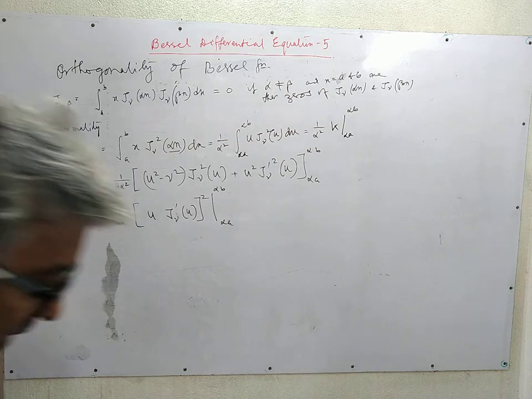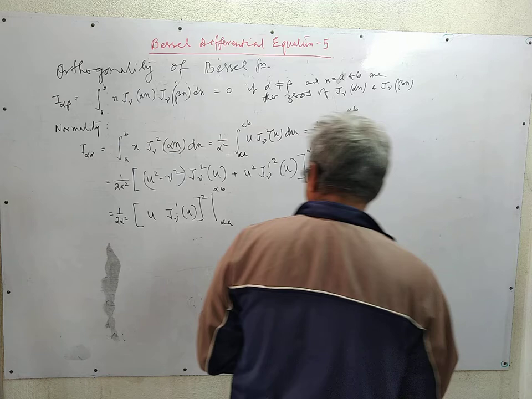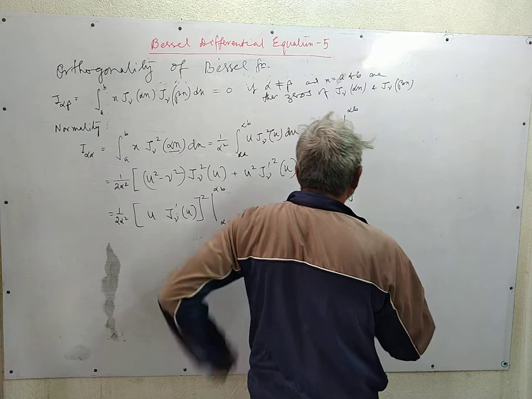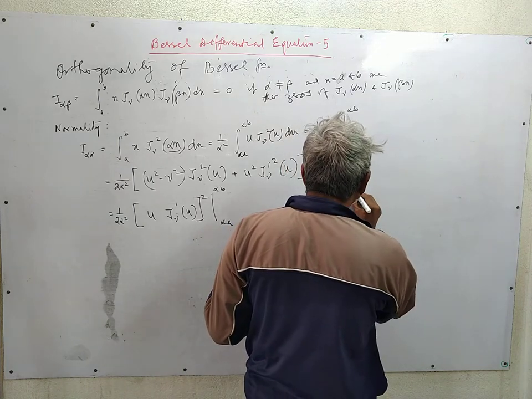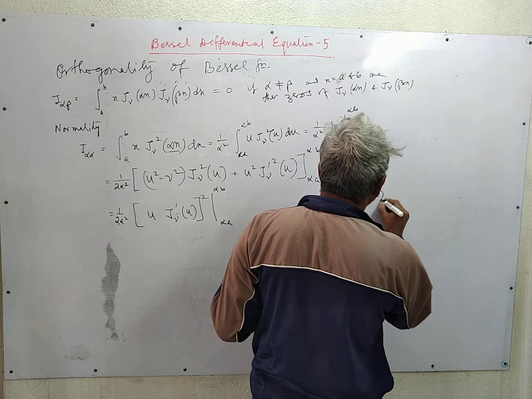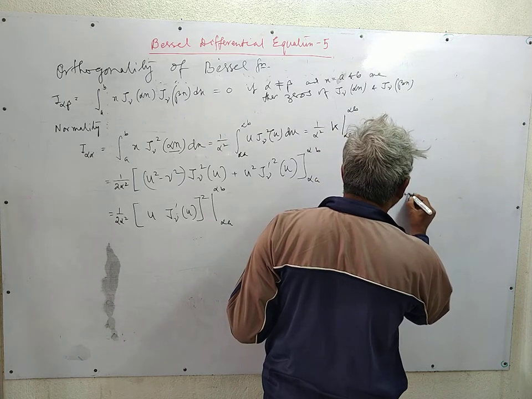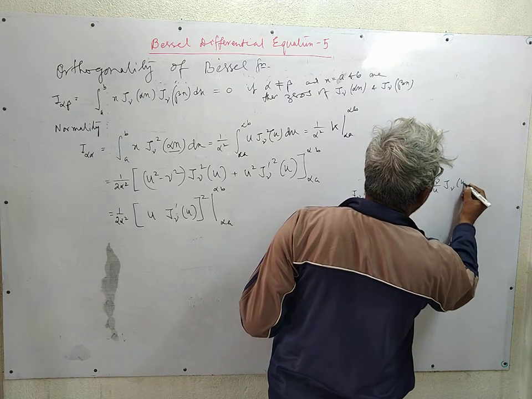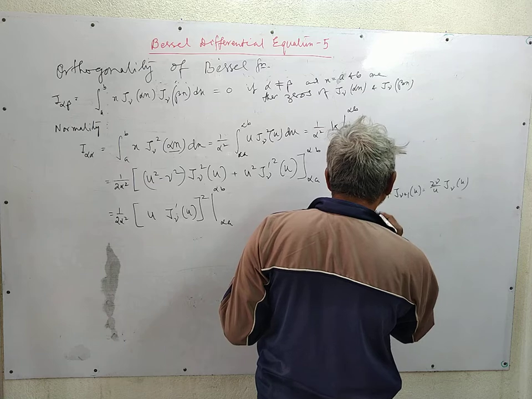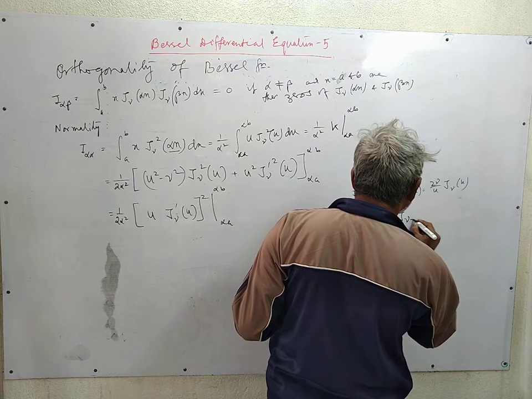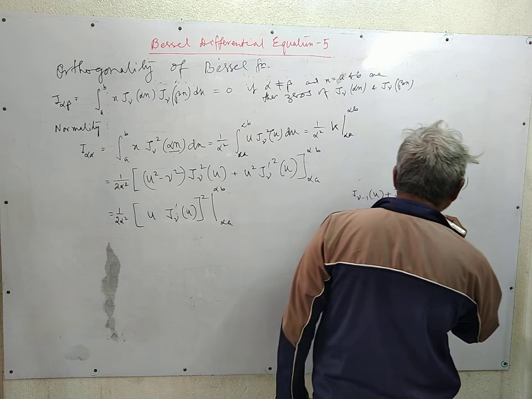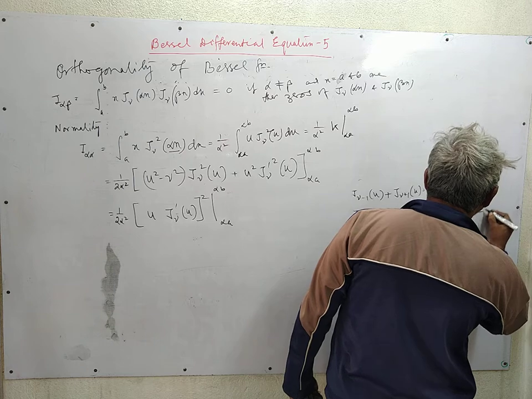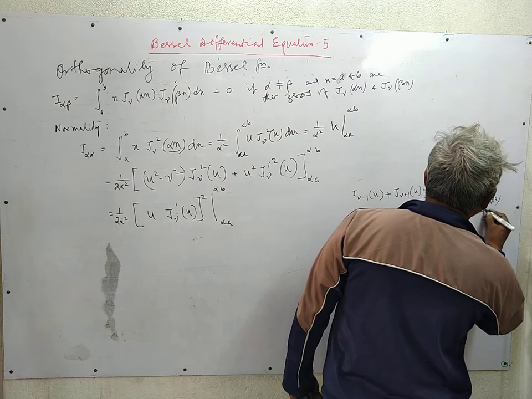Whole thing is square. Now we come to the recurrence relation that we have derived in the earlier class. In terms of u, J_(nu minus 1) of u plus J_(nu plus 1) of u is equal to twice nu by u J_nu of u, and J_(nu minus 1) of u minus J_(nu plus 1) of u is equal to twice J_nu prime of u. This is basically twice dJ_nu(u)/du.